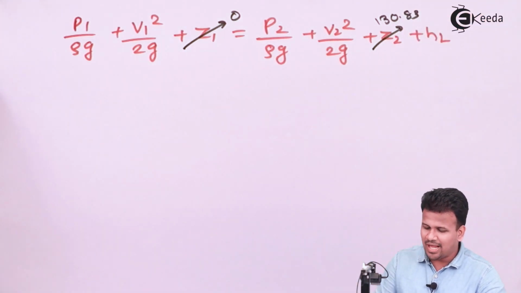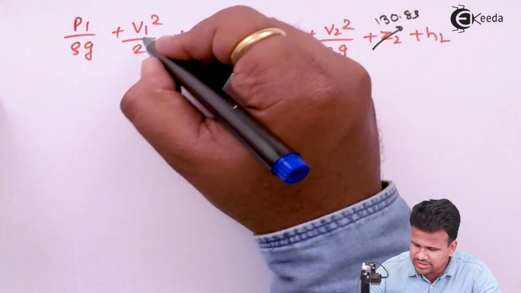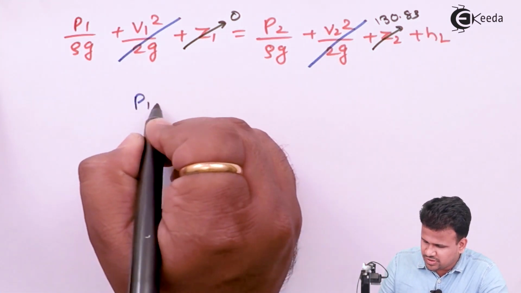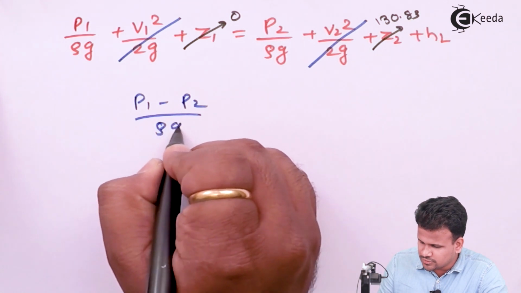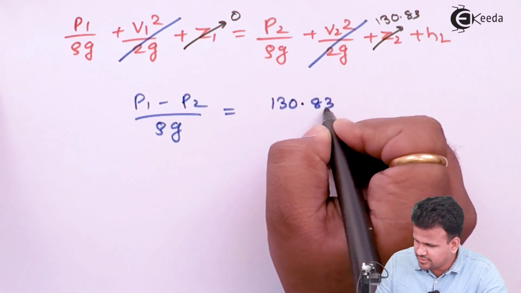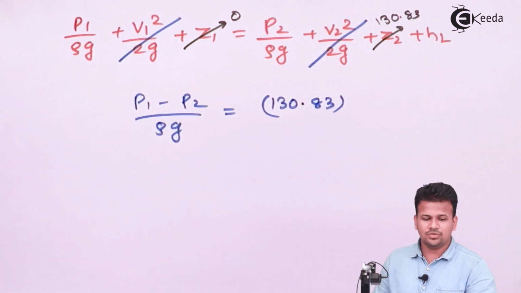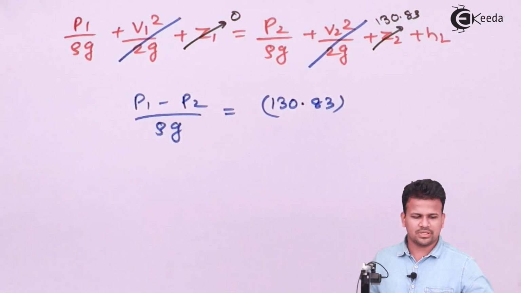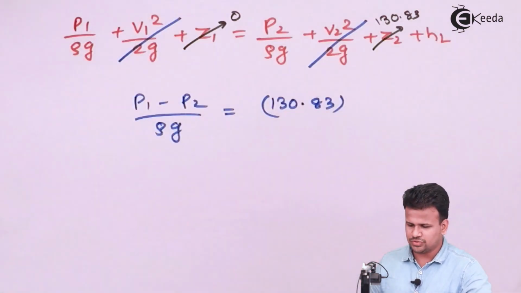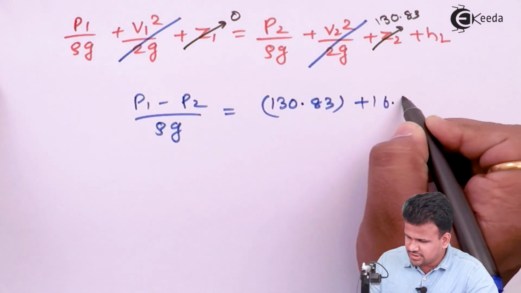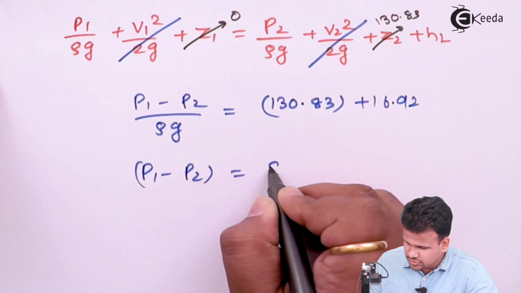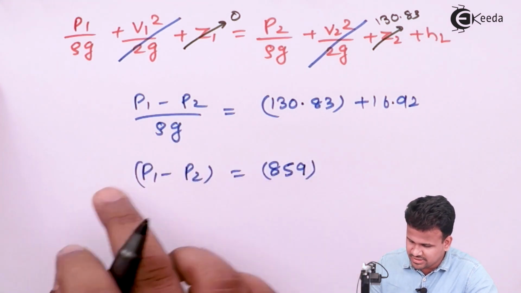Now over here the values of V1 and V2 are the same, they are on either side of the equal to sign, so they will cancel. So we can write this as P1 minus P2 upon rho g is equal to 130.83 plus HL. Now the value of HL, which we have already calculated in the previous section, is 16.92 meters.